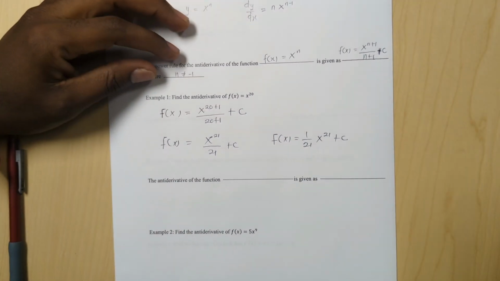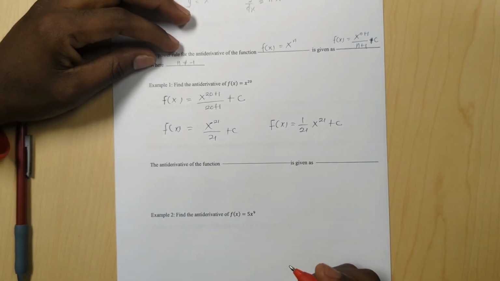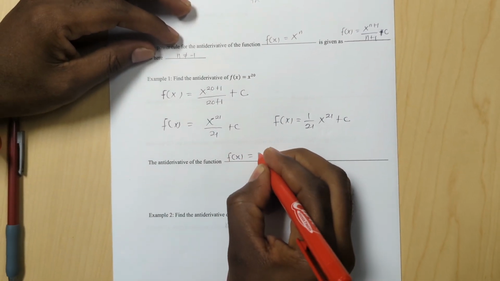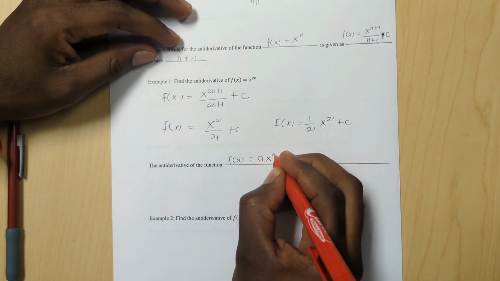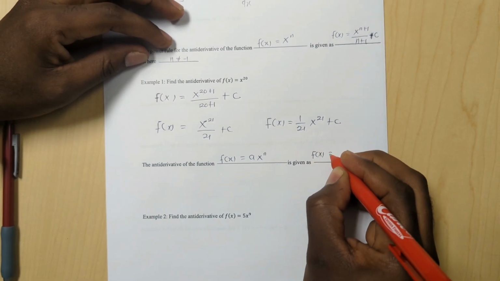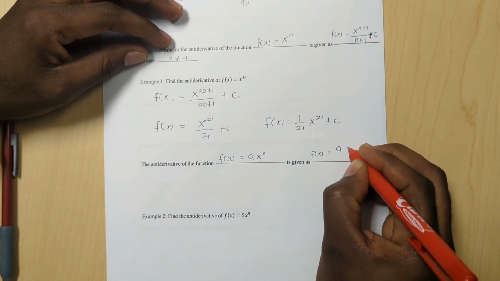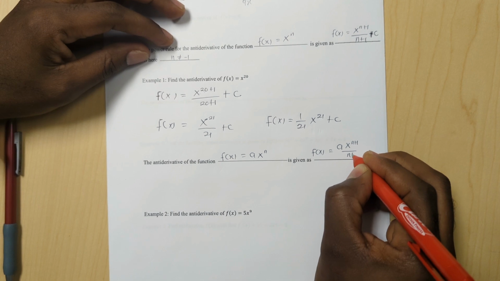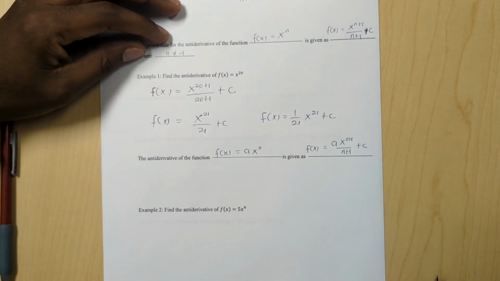Also, the antiderivative of a function f of x equal to ax exponent n will give us capital F of s equal to ax exponent n plus 1 over n plus 1, then plus our c.